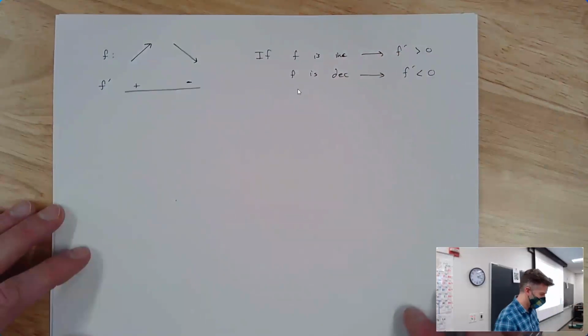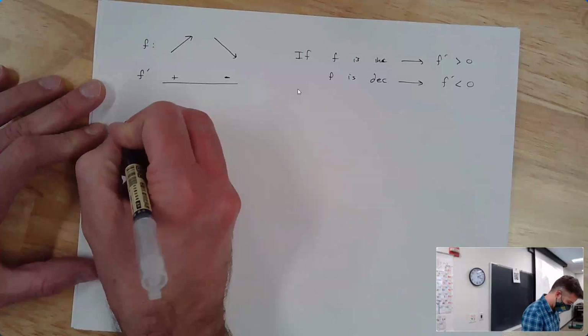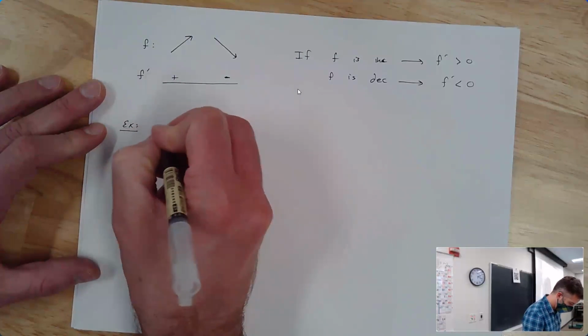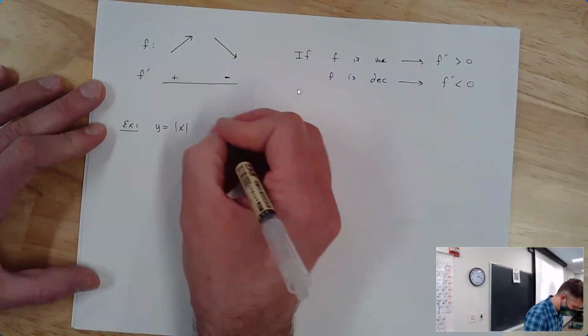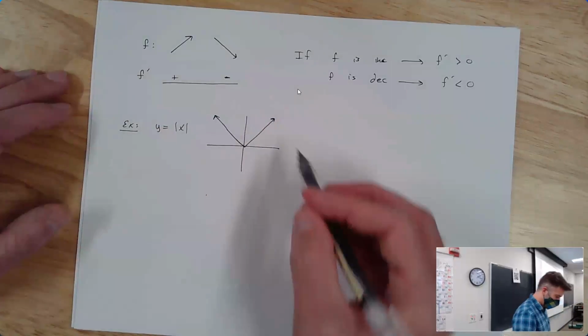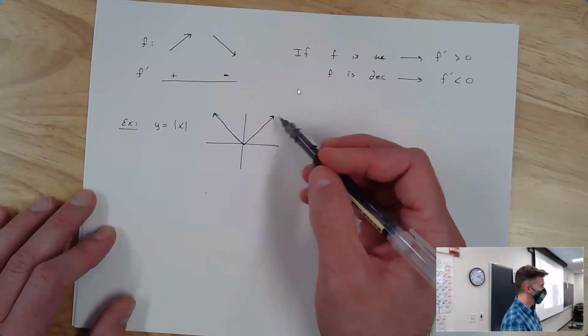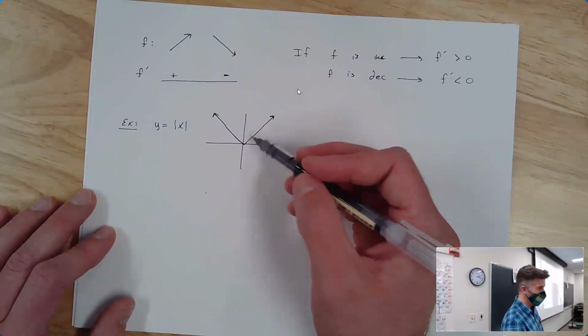And there are lots of pictures you can think of. I might think of maybe just the absolute value. It's probably not a great example, actually, but that's okay. You can see over here, is the function increasing or decreasing? It's increasing over here on the right-hand side.